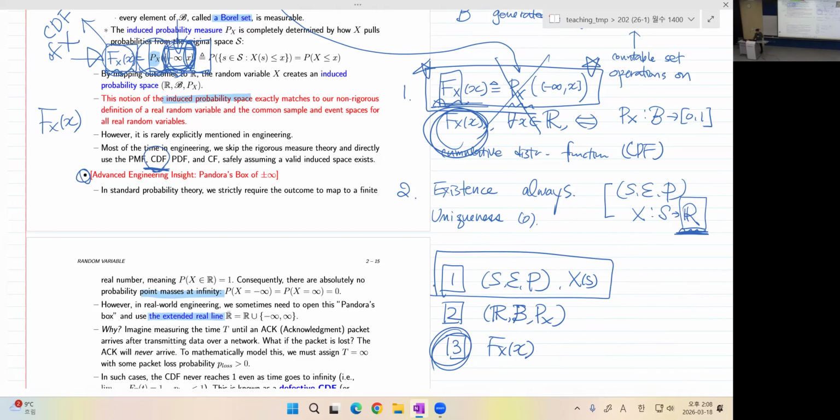You always go back to this first way to characterize a random something. Got it? So remember this one. And actually, you already know the third one. And the second one is mostly hidden in high school or undergraduate level textbooks.